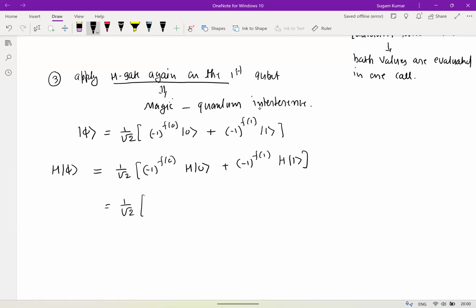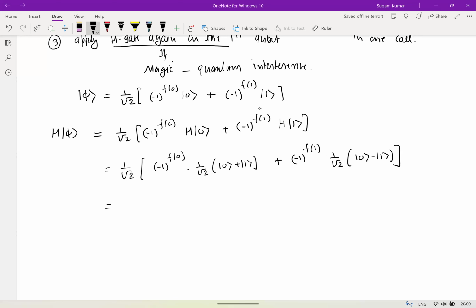This becomes (minus 1)^f0 times 1 by root 2 (|0> plus |1>), plus (minus 1)^f1 times 1 by root 2 (|0> minus |1>).